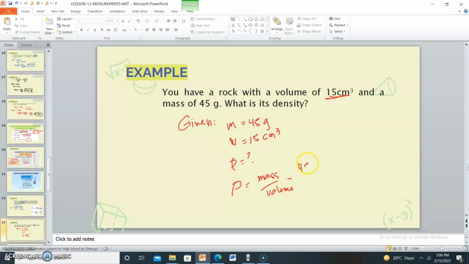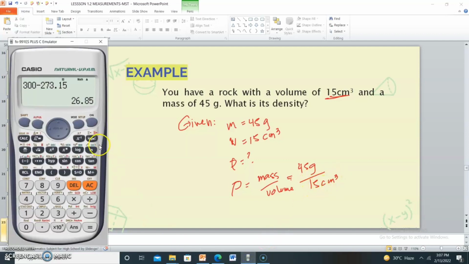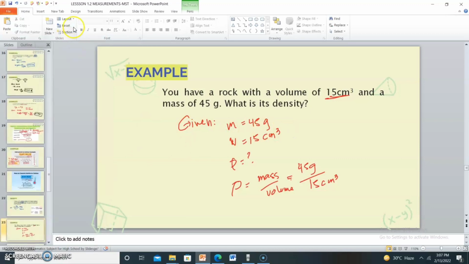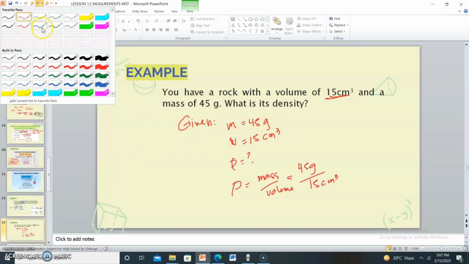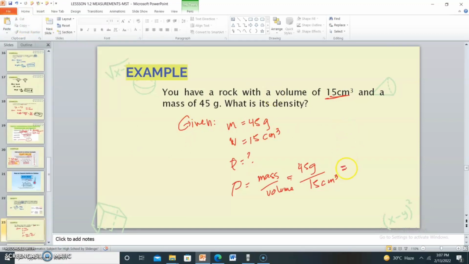The mass is 45 grams, over 15 centimeter cube. 45 divided by 15 equals 3. So, density equals 3 grams per centimeter cube. Always take the base unit. If there is no base unit, that is 1.